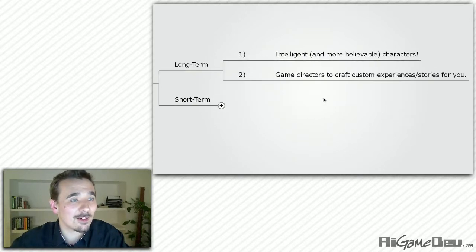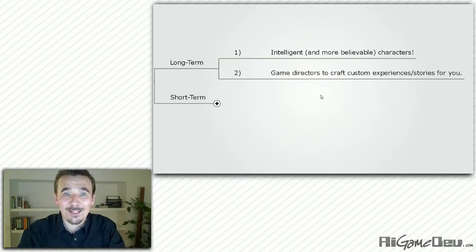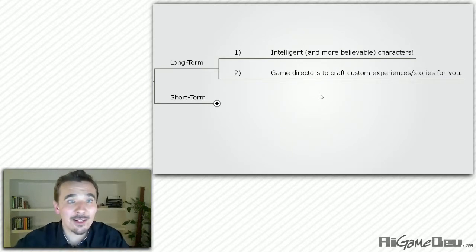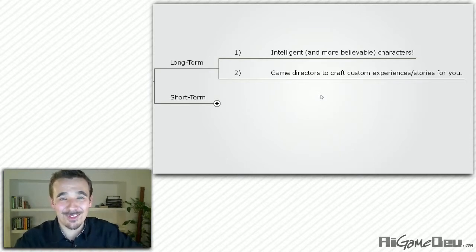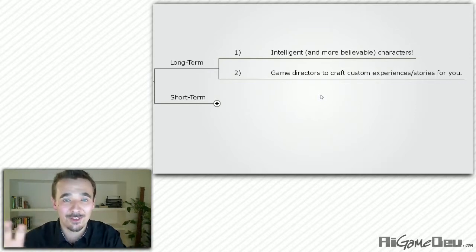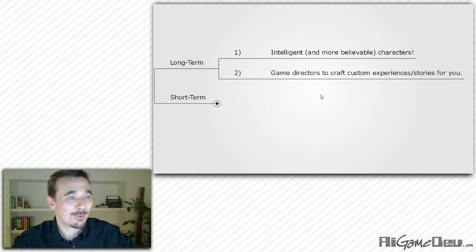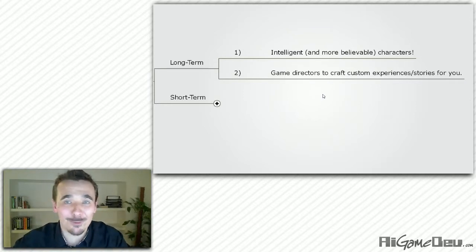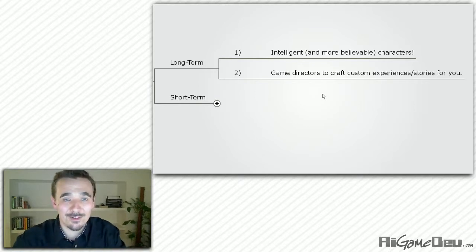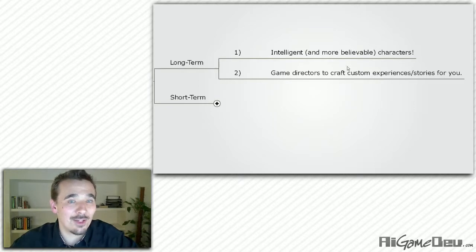So in the long term, I think the big potential of planning is that we will have more intelligent characters. Planning is super talented and super good at deliberation and logical reasoning and figuring out how to achieve a goal based on actions that are combined together. And intelligence isn't the only thing we're looking for in games. We want the characters to be believable and entertaining, but intelligence helps a lot, and it will help us make more believable characters, certainly.